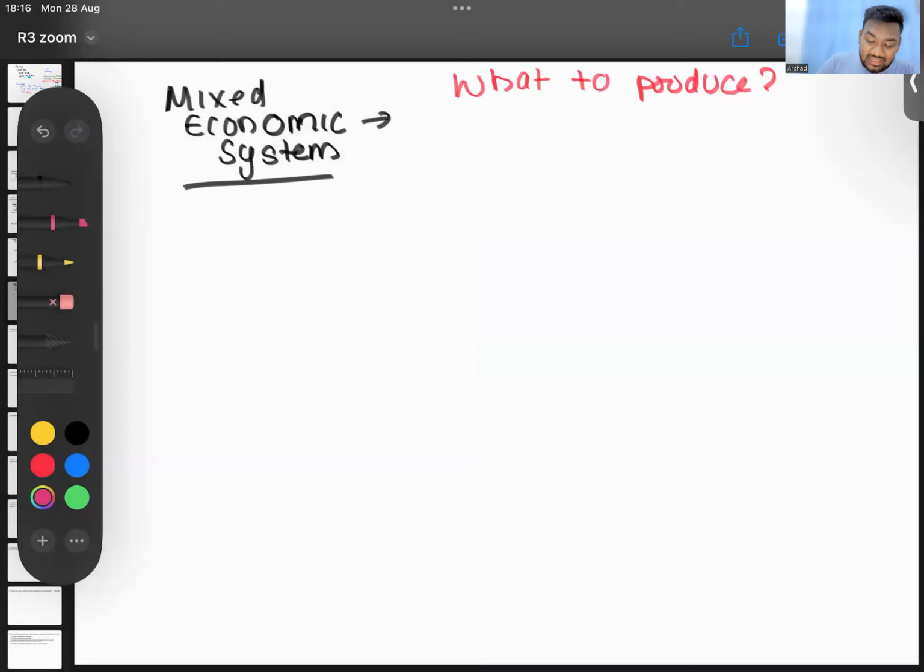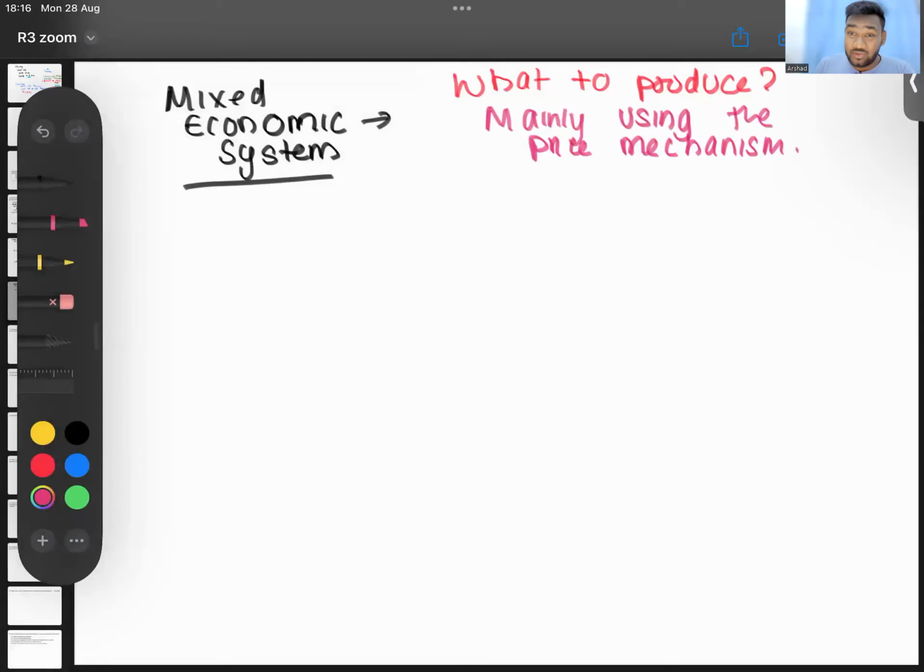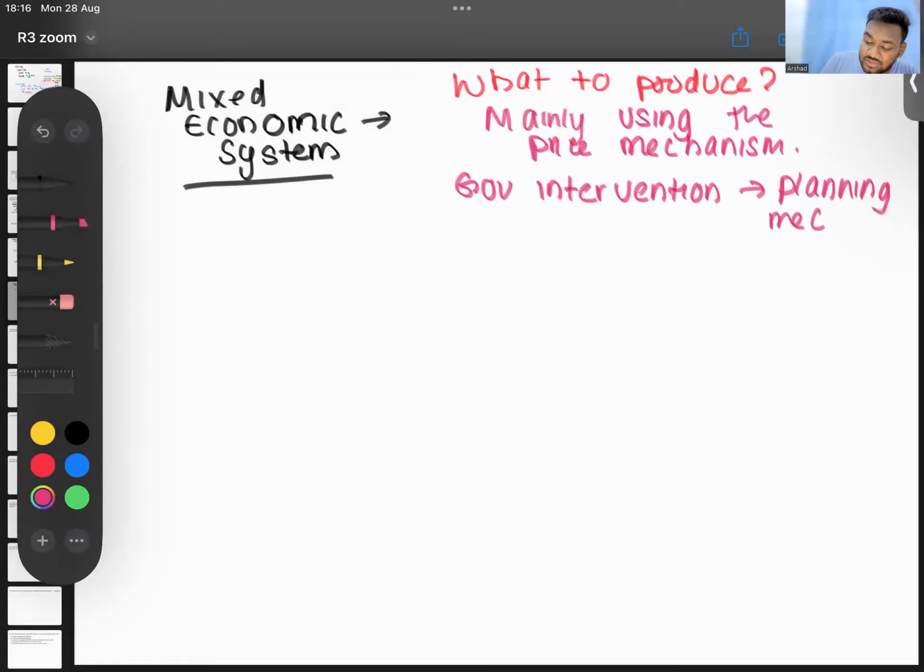So you can say they answer this mainly using the price mechanism. Okay. However, even though they mainly use the price mechanism, there is government intervention, right? And what does the government do? Government also uses the planning mechanism, and government also provides certain goods and services.